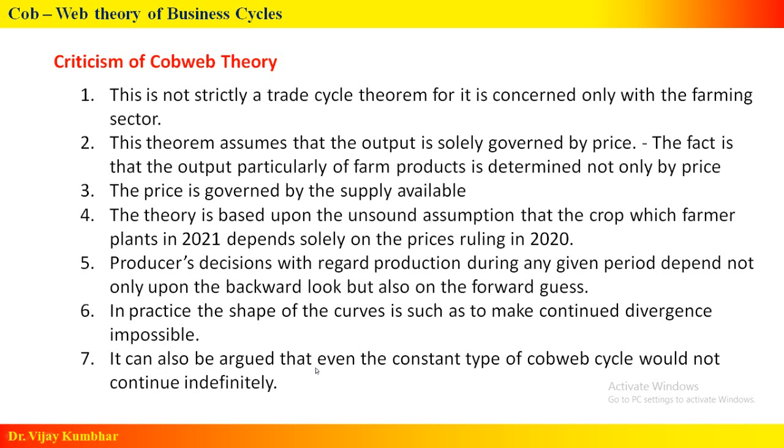It can also be argued that even the constant type of cobweb cycle would not continue indefinitely. It means the continuous cobweb will not happen independently. There may be a break, there may be a change in the direction. These are some points which can be considered for the criticism of this cobweb theory.